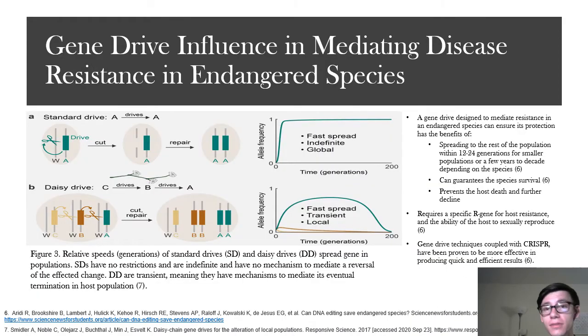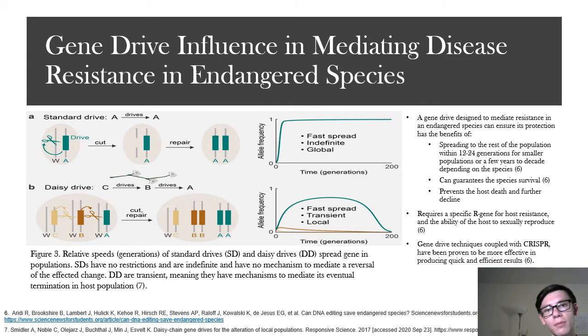So that brings us to the main question here. How do gene drives influence mediating disease resistance in endangered species? So why is it a good idea? It's pretty simple. CRISPR by itself, inserting a resistance gene into a species, is already pretty revolutionary.